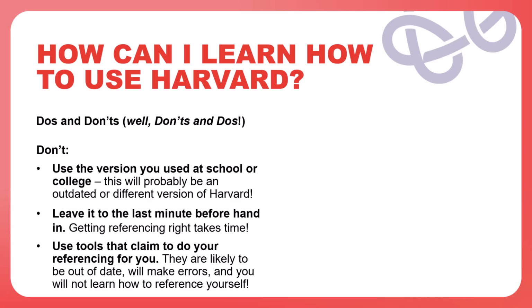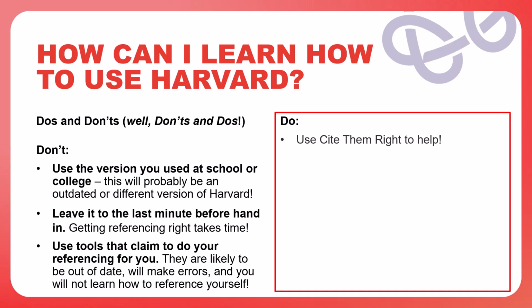Getting referencing right takes time and a lot of care. And don't use tools that will claim to do your referencing for you. First of all, they're likely to make mistakes, but also they prevent you from learning how to reference yourself. And being able to do that yourself means you'll be more likely to spot your own mistakes that you might make so that you can correct them.